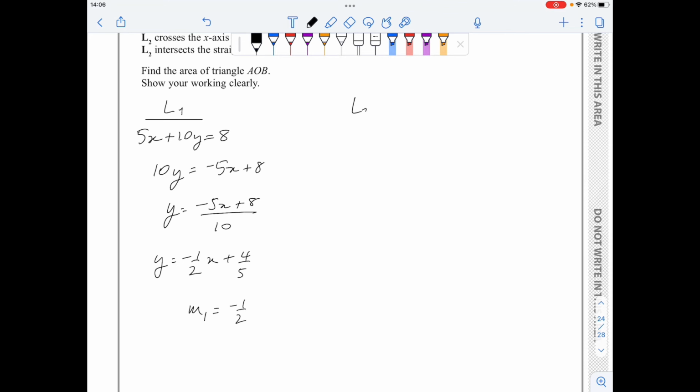Now line L2 is perpendicular to line L1. This means that the gradient of line 2 is minus 1 over the gradient of line 1. So if you divide minus 1 by minus a half, you'll get 2. I know that this line passes through the point (8, 6).